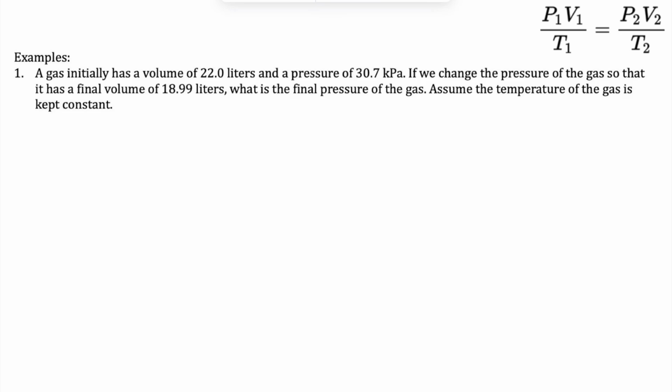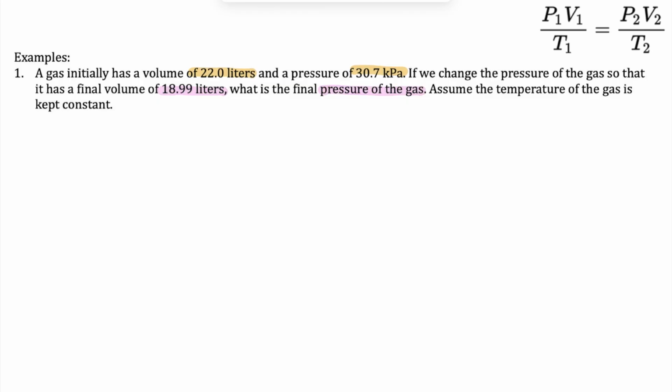Example 1. A gas initially has a volume of 22.0 liters and a pressure of 30.7 kPa. If we change the pressure of the gas so that it has a final volume of 18.99 liters, what is the final pressure of the gas? Assume the temperature of the gas is kept constant.